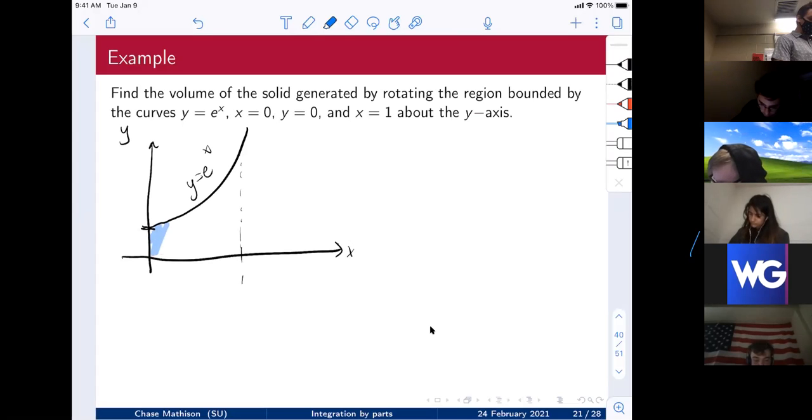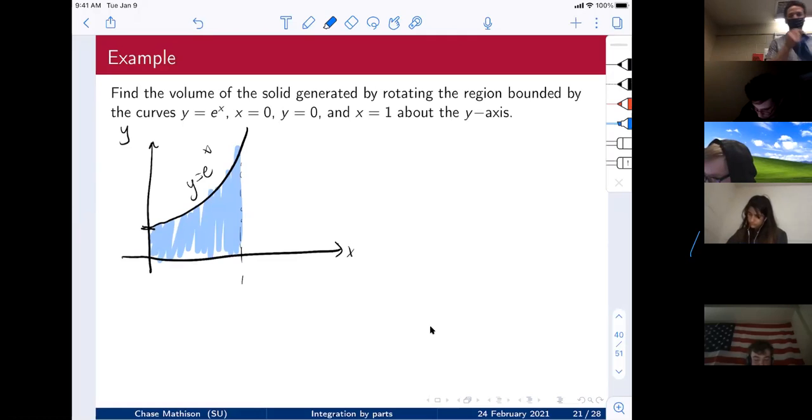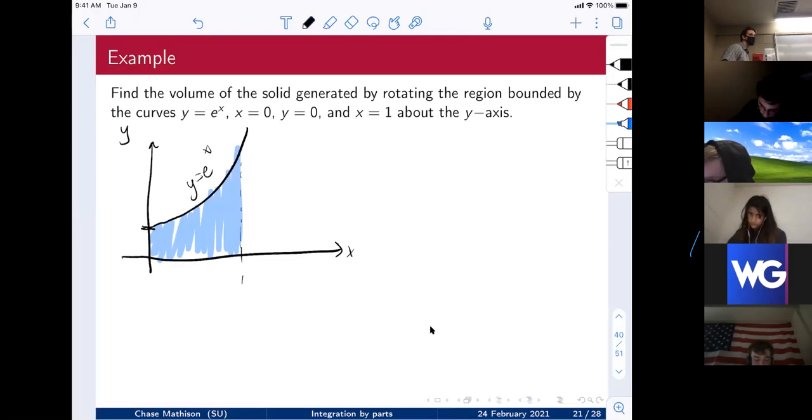So here's the region that we're rotating about the y-axis. Okay. Now, before we rotate this, how does this region want to be broken up? Vertical slices or horizontal slices? I would say vertical here. If I took horizontal slices, the horizontal slices up here would be different than the horizontal slices down here, right?